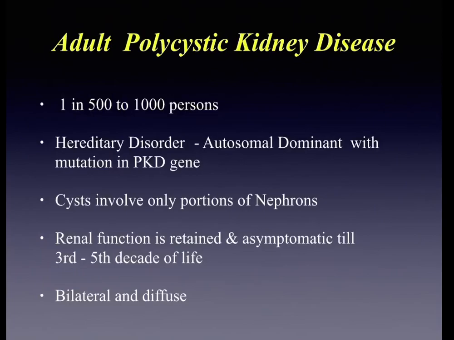In this condition, the cysts involve only portions of the nephrons, so renal function will be retained, and these patients will be asymptomatic until about the 3rd to 5th decade of life, when they can present with some symptoms. It is usually bilateral and diffuse.